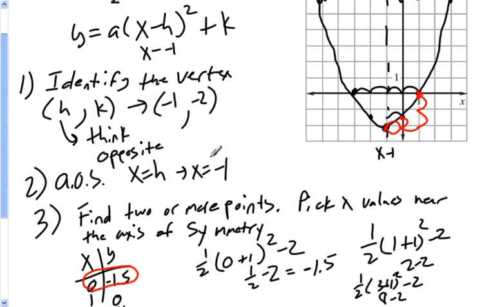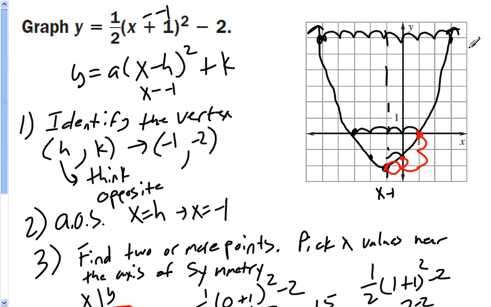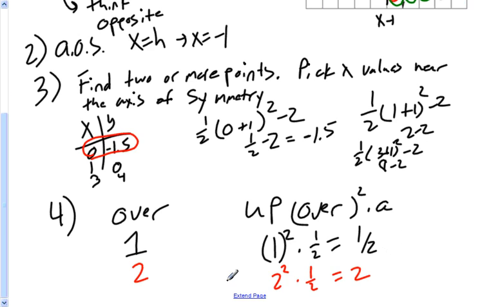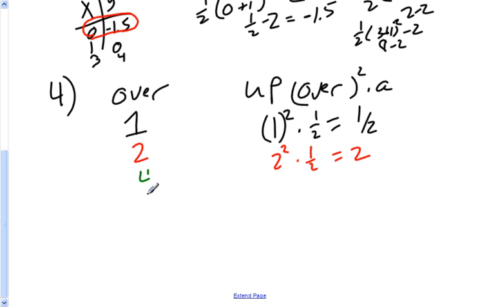Now, for example, if I want to get to this point right up here, how far over would I have to go? From the vertex, that's over 1, 2, 3, 4. So if I go over 4, then it's your over amount, you're going to square it, times the a.